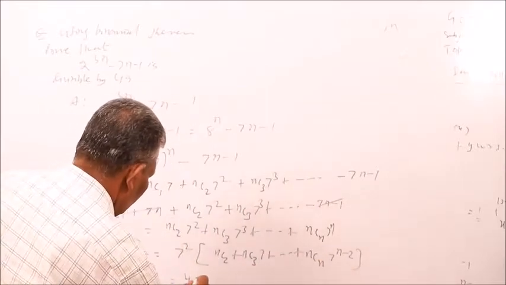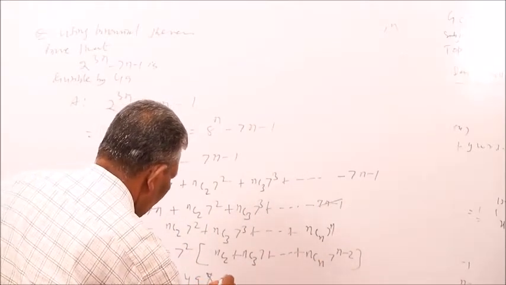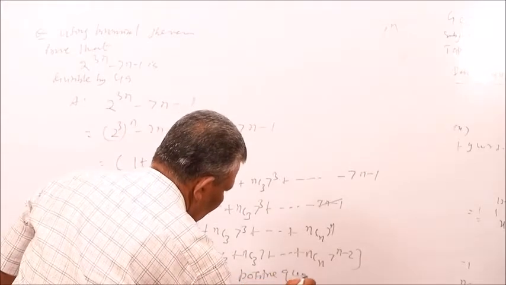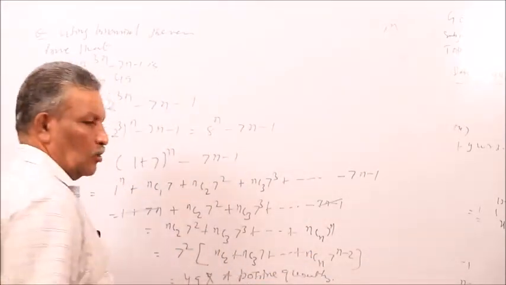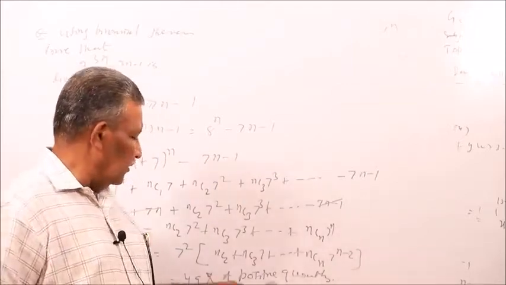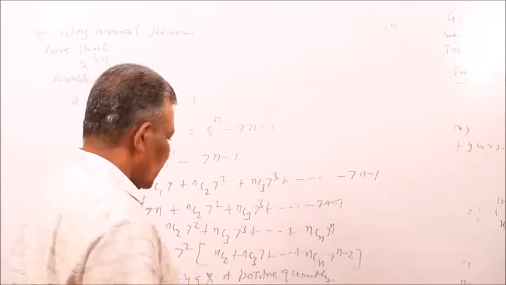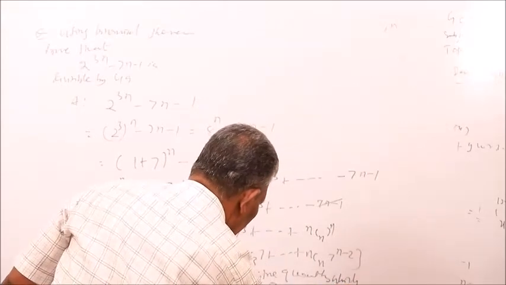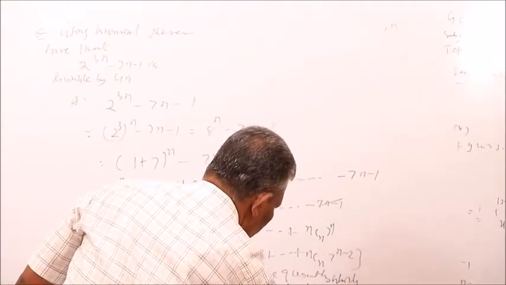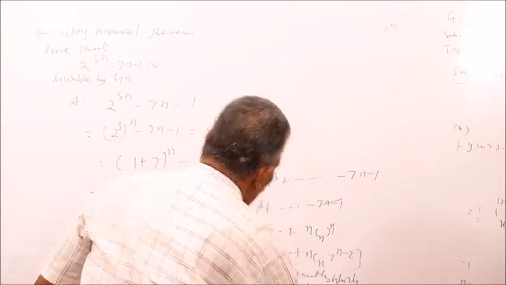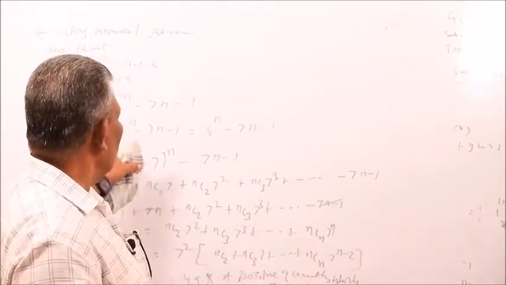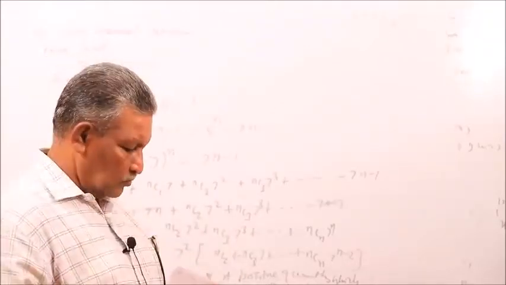So that is 49 into a positive quantity, because NCR is always positive. So 49 into a positive quantity is divisible by 49. So while solving these types of problems, you can break it in the form of 1 plus x whole to the power n.